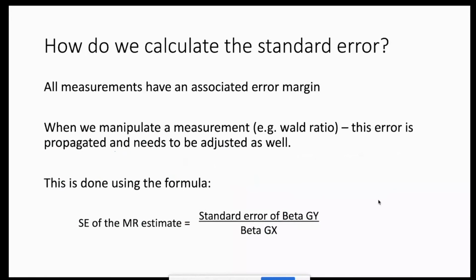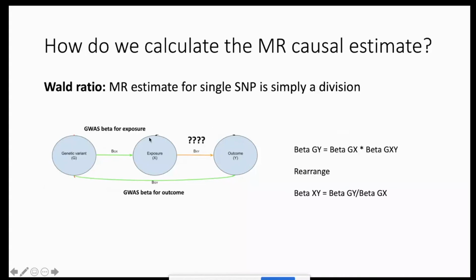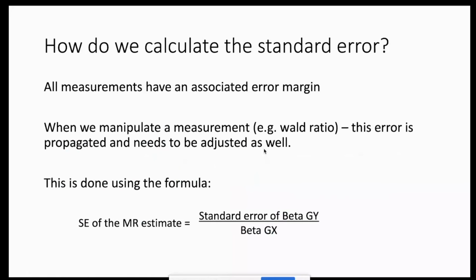Because we're dividing these, the errors will also propagate along with the manipulation. And this is done using a formula where we divide the standard error for the beta GY by beta GX. So this is just a way that we can calculate the standard error for the MR causal estimate. So that is this association using the standard error and the beta coefficients from the other data as per that formula. So again, this is just showing how we get the standard error for the MR causal estimate.